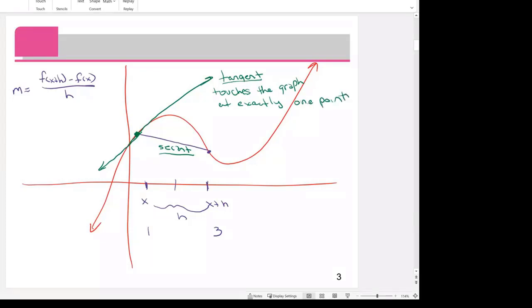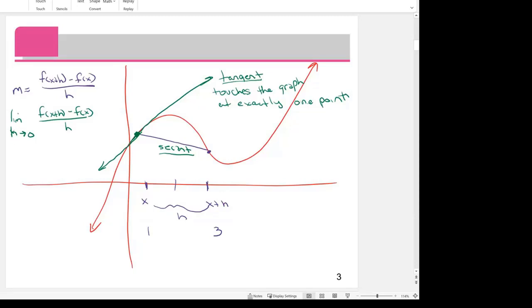But we can see that if we make h 0 and we just have this 1 point, we're just going to get 0 over 0. When I add this limit as h approaches 0 of f of x plus h minus f of x over h, well, I can see that I'm dividing by 0.